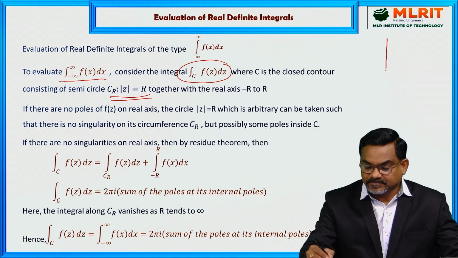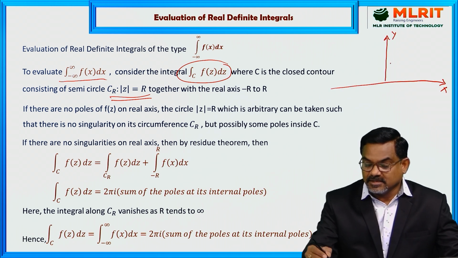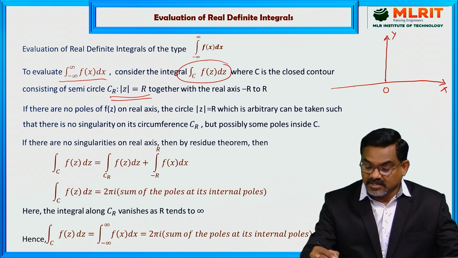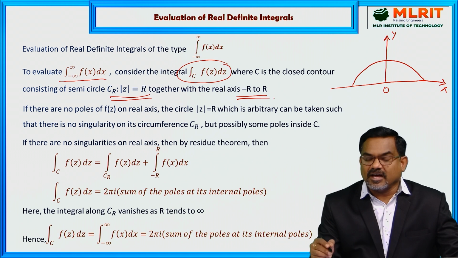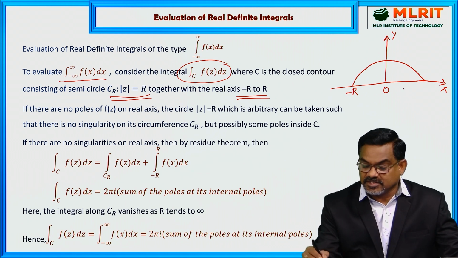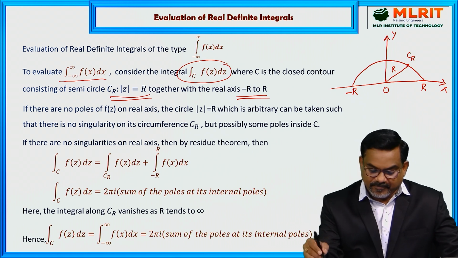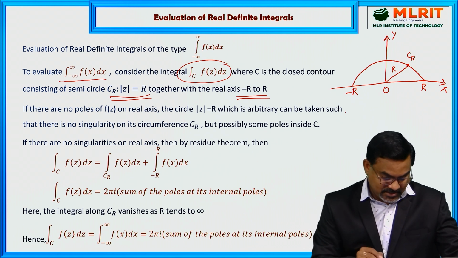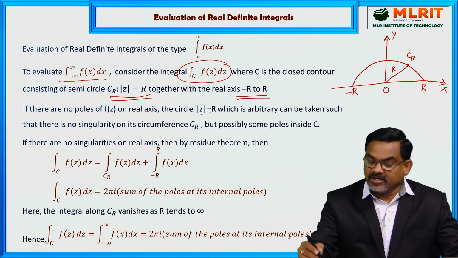Here we can draw the x-axis, y-axis, 0 and the semicircle along with the real axis from minus R to plus R. This is minus R, this is plus R. If you consider a point here, this is the radius capital R, and we introduce a circle CR, mod z equal to R.